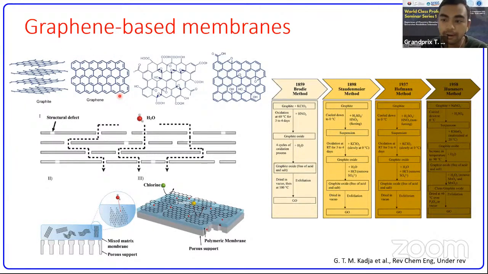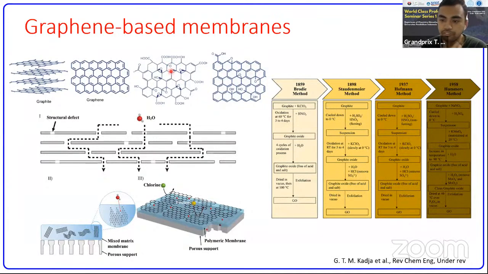When we exfoliate the graphene layer from the graphite, we could use several methods, four of them are oxidative routes. When we oxidize them, the graphene could be converted into materials that we call graphene oxides, because now we have several oxygen-containing functional groups. For example, carboxylic acid, alcohol groups, epoxy groups, and so on.